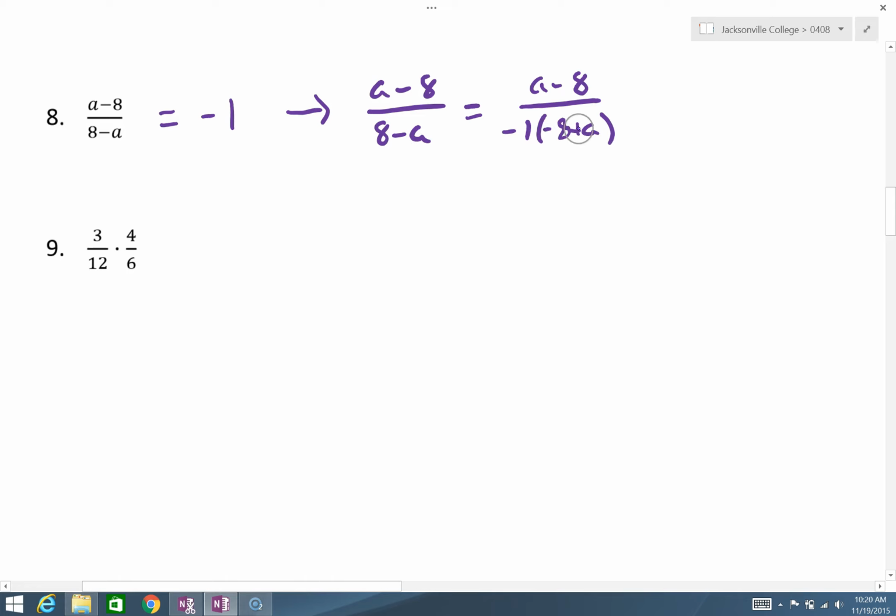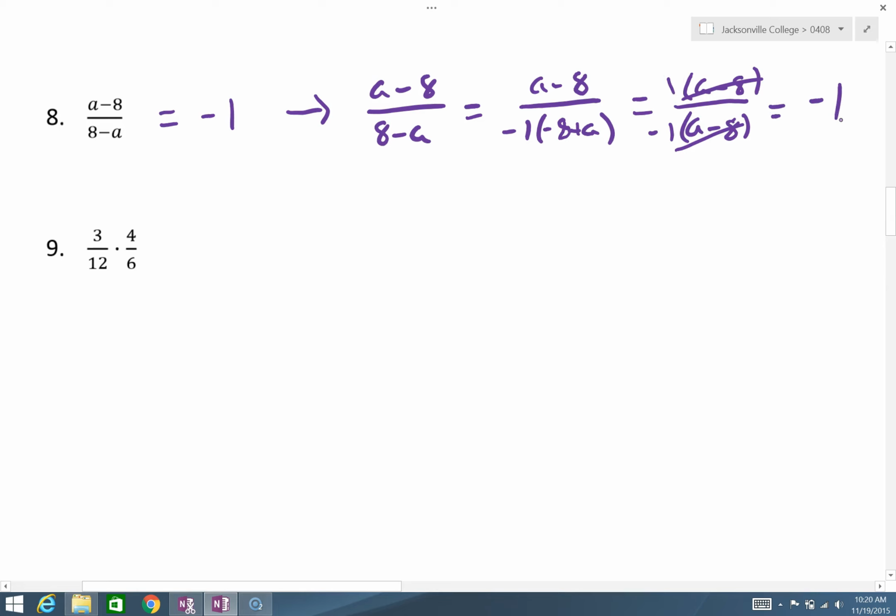Negative a divided by negative 1 is plus a. Negative divided by negative is a positive. Well, you can see this negative 8 plus a, another way to say that is a minus 8. So I still have my negative 1 out there, and I have this a minus 8 in the top. Well, a minus 8 will divide with a minus 8 to leave 1. So what we have is a 1 over negative 1, and that is indeed negative 1.